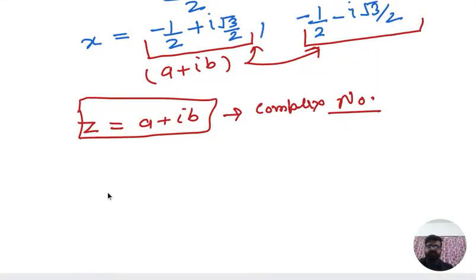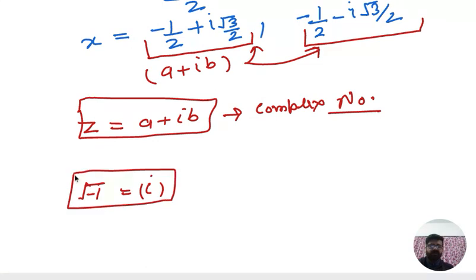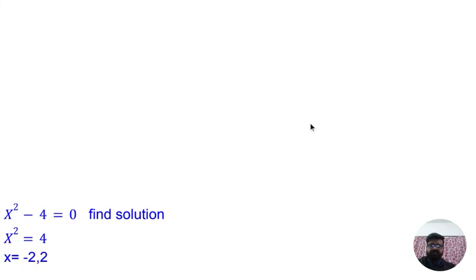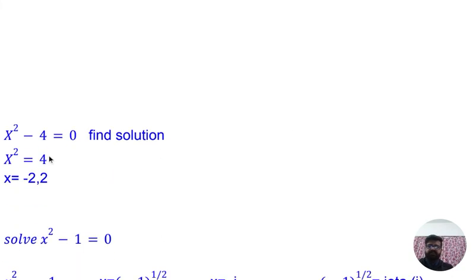So my dear students, understand this: if minus 1 comes under root, then it is called iota. Okay, keep in mind this is iota. So as you can see here, this is also a quadratic equation, and we find the solution of x square minus 4, and this is the solution of this equation.